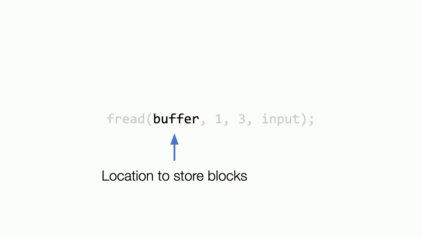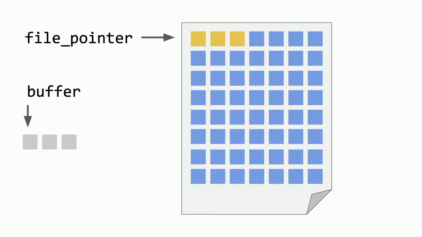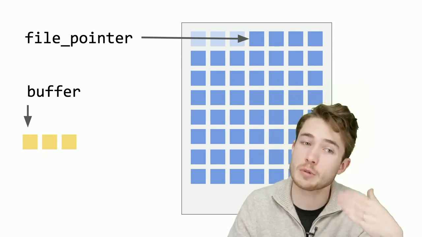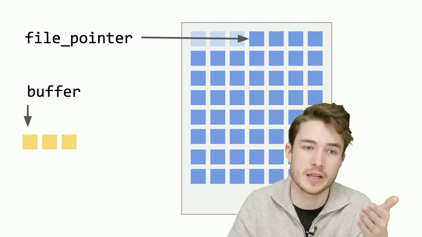And then where do we want to store these? Where do we want to read them and copy them into? In this case, it's buffer. So we'll simply take our data in our file here and then put them inside of buffer. And now our file pointer, previously called input, updates to the next location in our file. And as such, we can keep reading and reading and reading from our file while our file pointer updates.